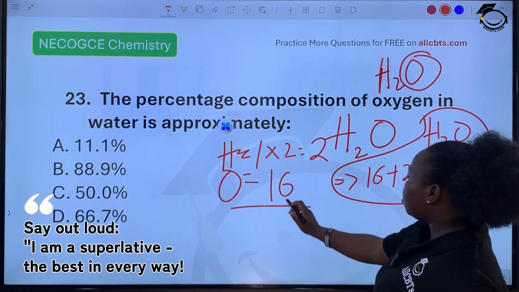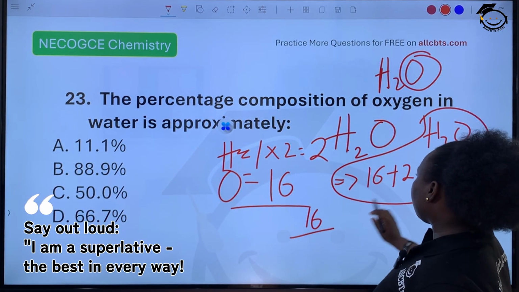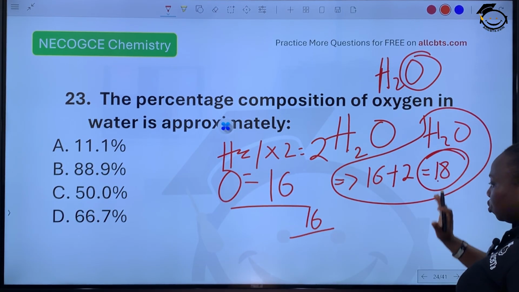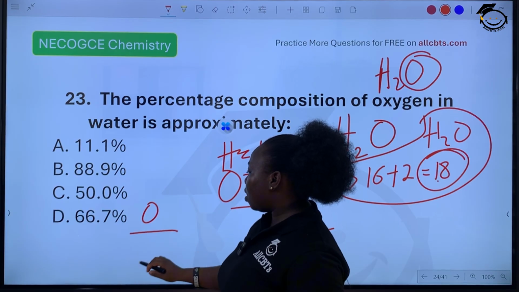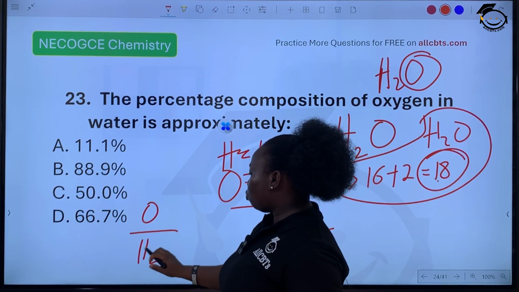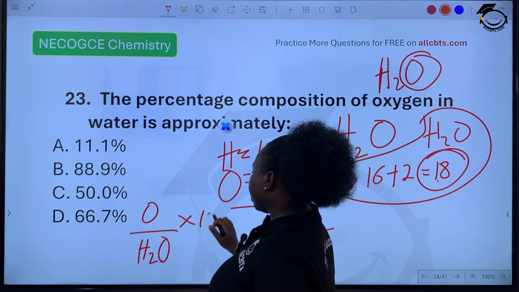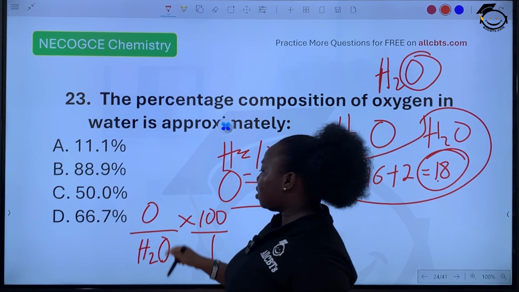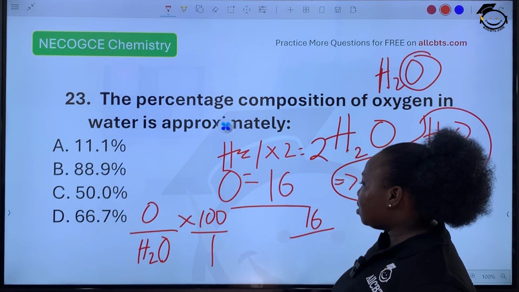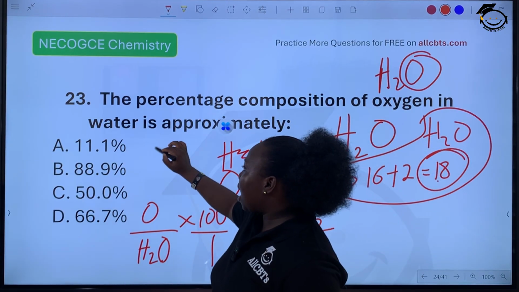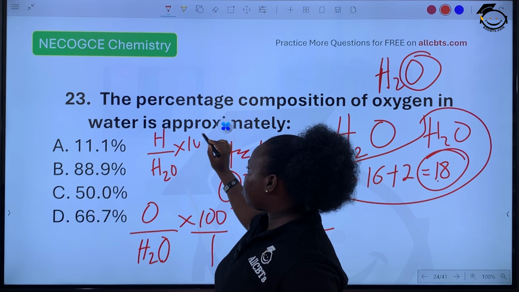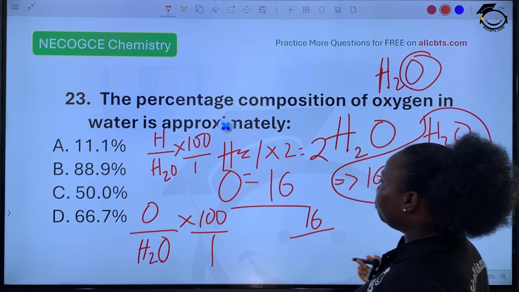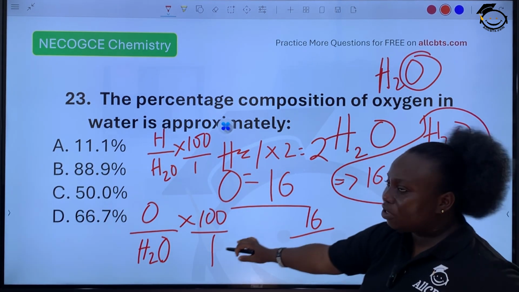Then you take oxygen 16 all over the whole water. So oxygen all over H2O times 100 all over 1. As if they're asking me for hydrogen, you say hydrogen all over water times 100 all over 1. Simple. So now we're using this formula.